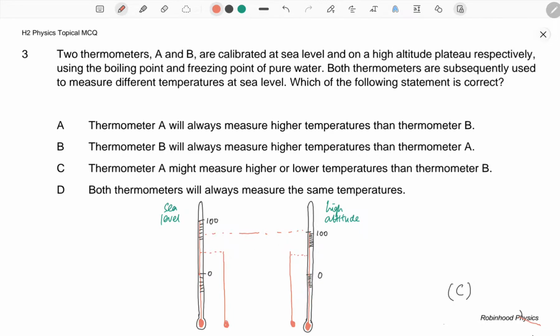So comparing these two readings, this reading maybe at room temperature will reach 25, maybe here you'll read something like 30 plus. Okay, for example, so it will be higher than normal.